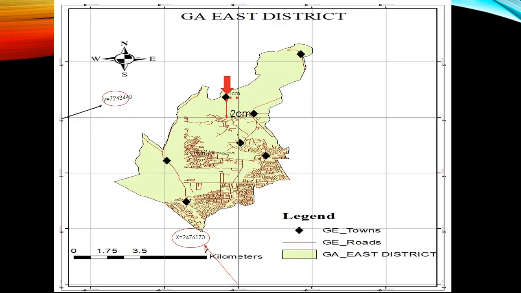So this is a map I made myself using ArcGIS. It doesn't look so good, but you can use it to demonstrate how to determine coordinates. On this map, we have grids which are superimposed on the map, vertical and horizontal lines.